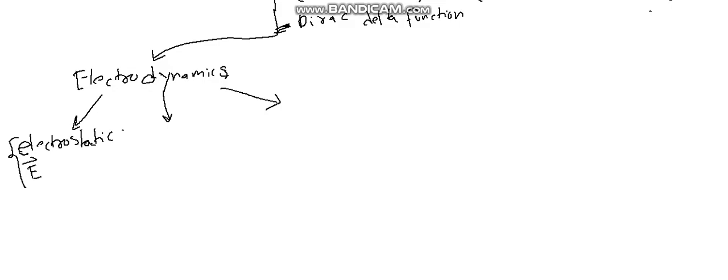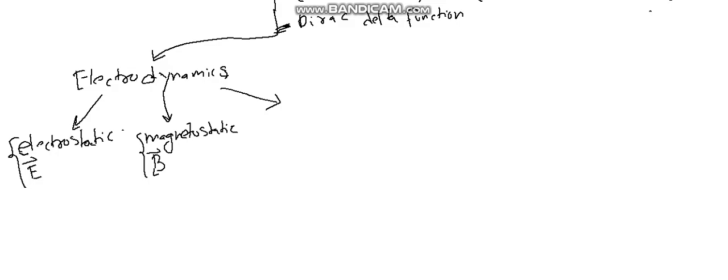In a similar way, we have what we call magnetostatics. If we have a magnetic field which is time independent, then how the entire story goes on we will get to know in the magnetostatic part.